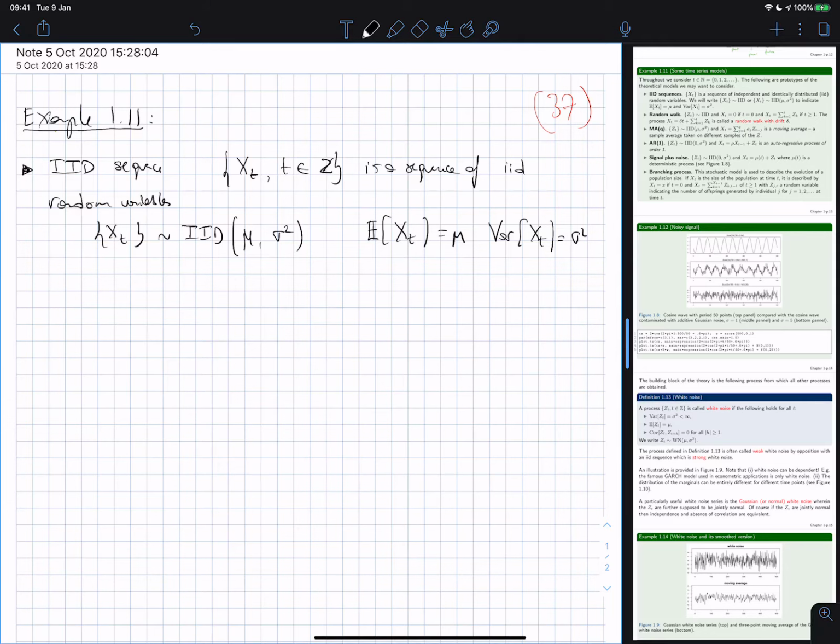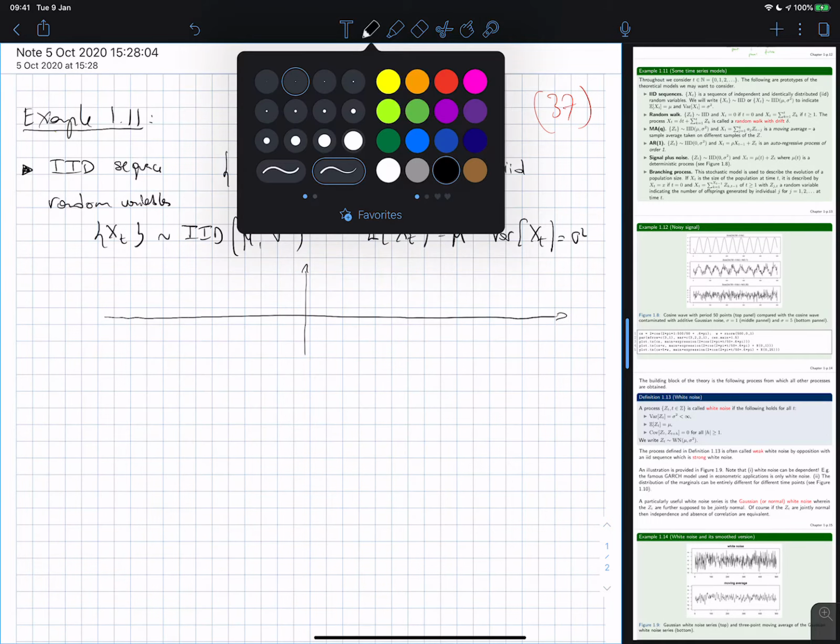So what would an IID sequence look like? It would be a sequence which has no clear structure. The random variables bring no information onto one another.